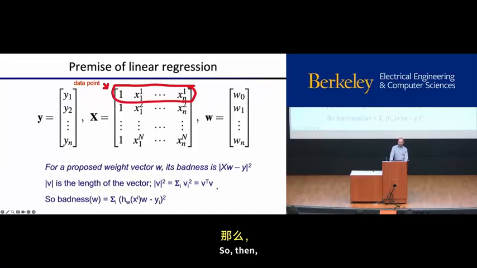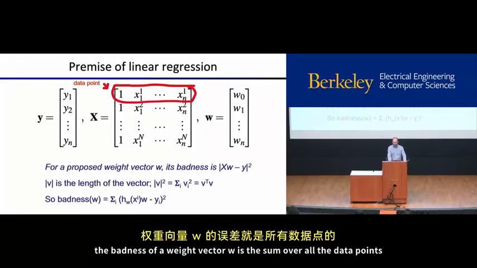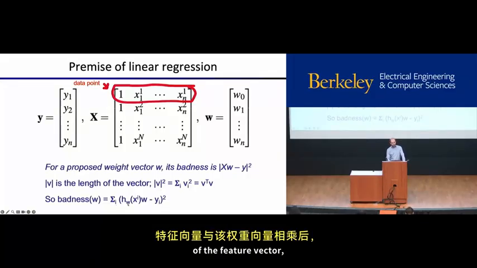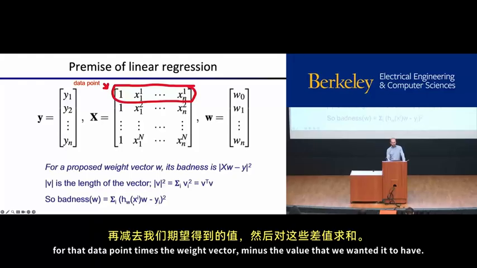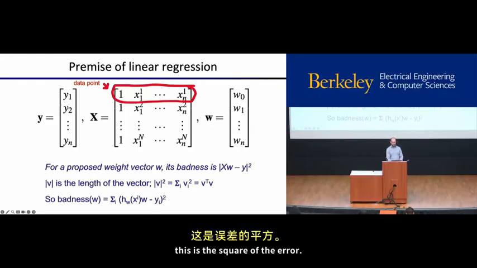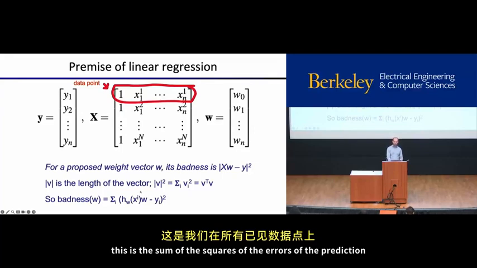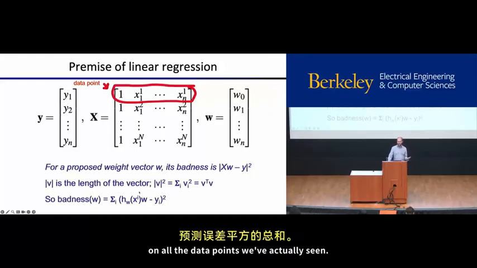So then, the badness of a weight vector W is the sum over all the data points of the feature vector for that data point times the weight vector minus the value that we wanted it to have. So this is like the error, this is the square of the error, this is the sum of the squares of the errors of the prediction on all the data points we've actually seen.